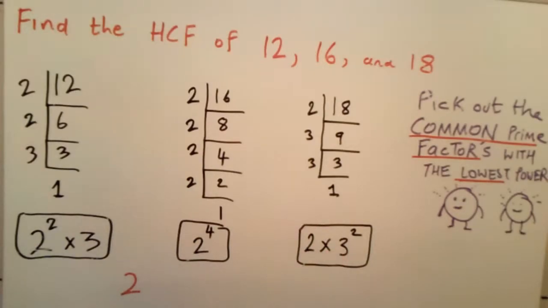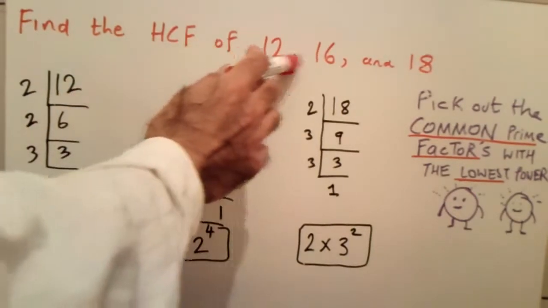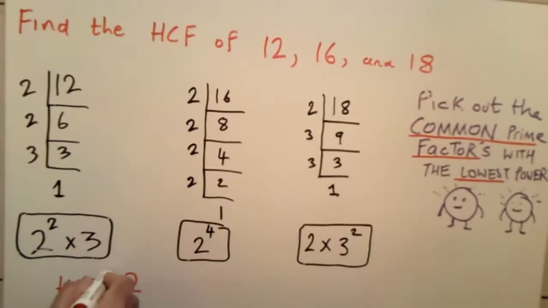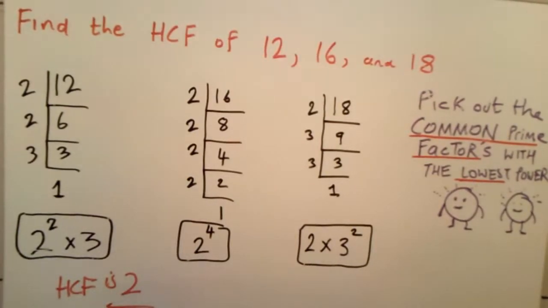So the only number that we've got left is 2. So that means the highest common factor of 12, 16 and 18 is 2. So the HCF is 2. And that's it.